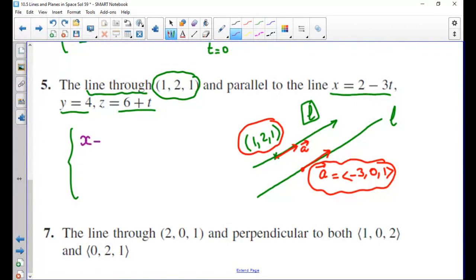X minus 1 equal to minus 3t. Y minus 2 equal to 0 times t, so 0.